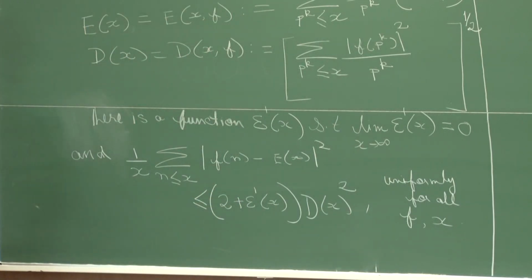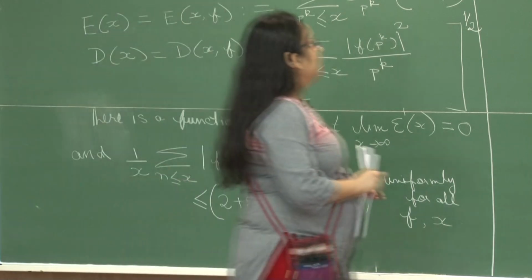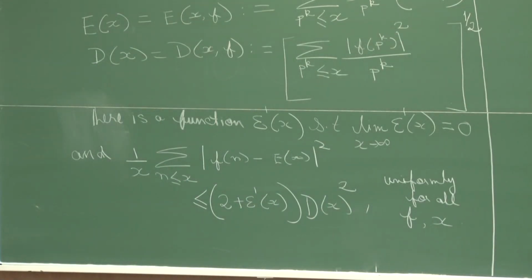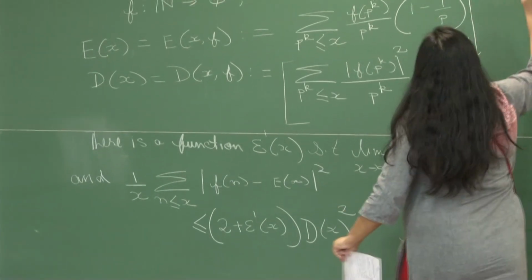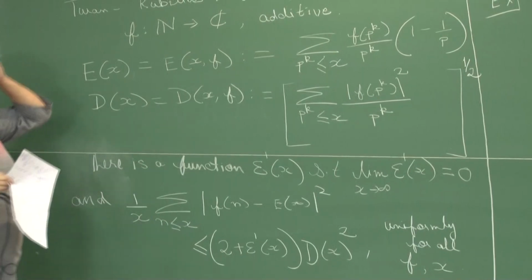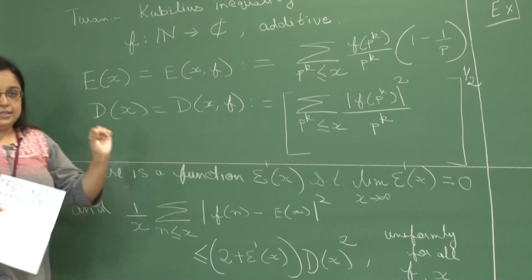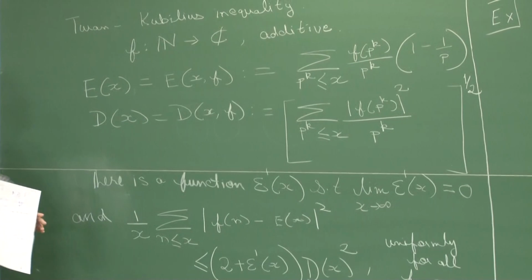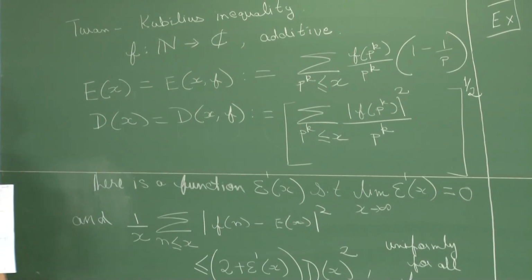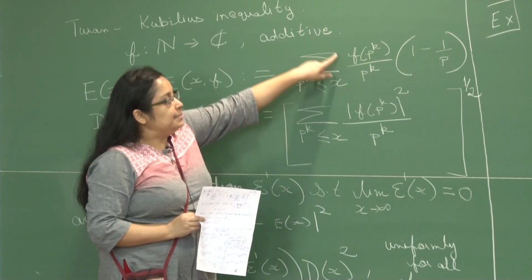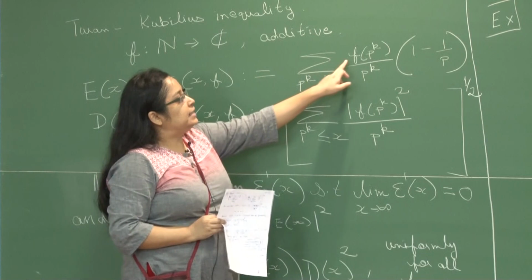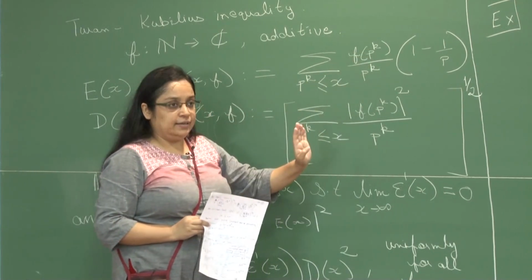Now, as I had mentioned last time, this inequality has very useful applications in deriving normal orders of functions, but I would also like to mention before we move on to the application, for the most explicit example that we have, when f of n is equal to omega of n, the prime counting function, we had seen that this sum asymptotically just behaves like the sum of f of p to the k over p to the k.